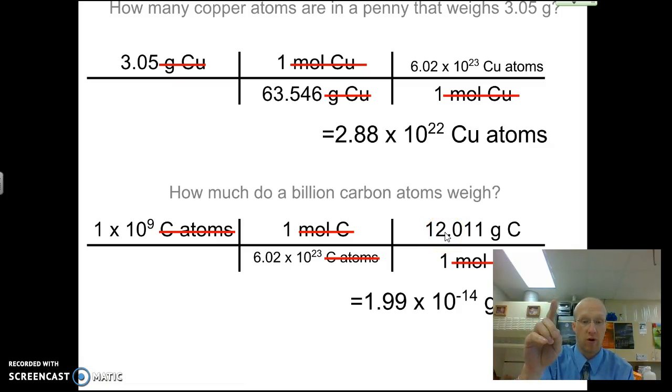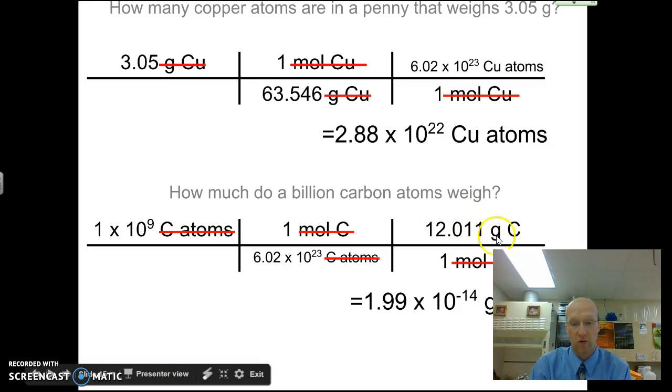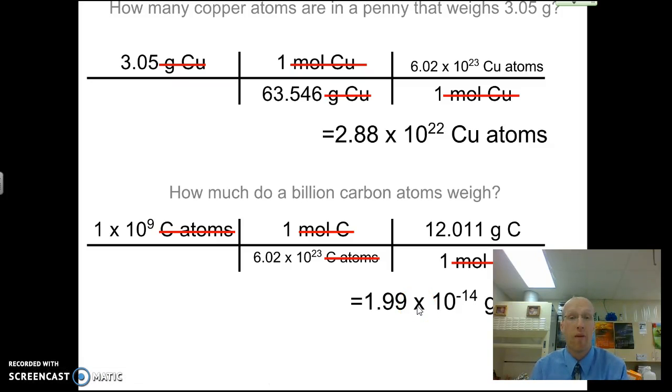We have gone from atoms of carbon into the middle, moles of carbon, and then into mass of carbon. The molar mass of carbon is 12.011. So a billion carbon atoms weighs 1.99 times 10 to the negative 14th grams, which is unimaginably small.